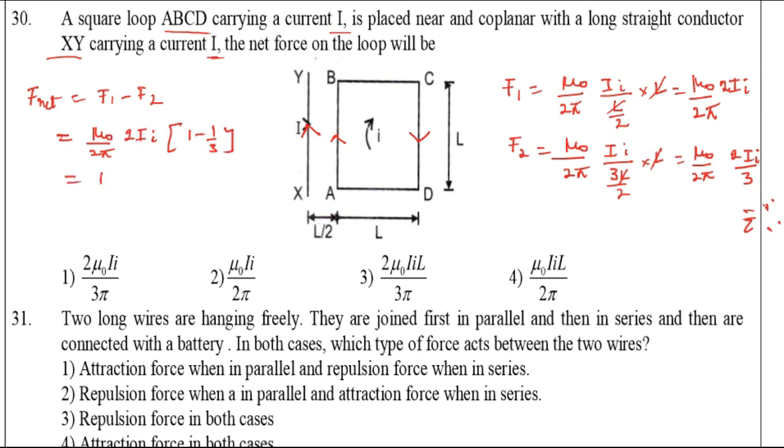That is 3 minus 1 by 3, which is 2 by 3. So if this 2 and this 2 cancel, it is 2 mu naught I by 3 pi. This is the first option.